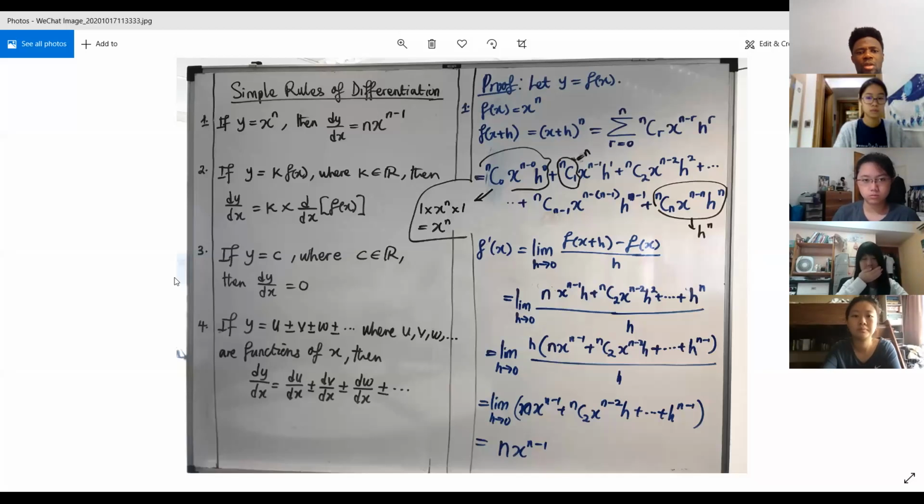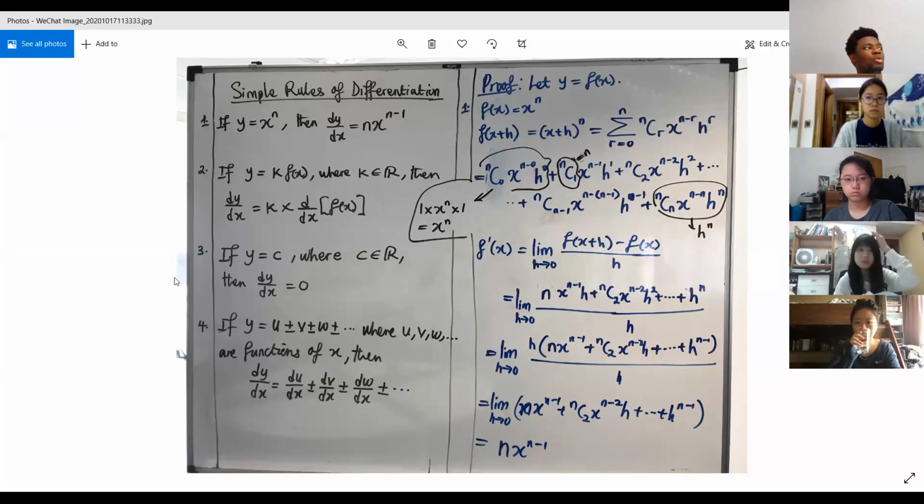So yesterday we mentioned this towards the end of our last lesson. If you want to differentiate x to the power n, you bring the power down to the coefficient, then subtract 1 from the power.